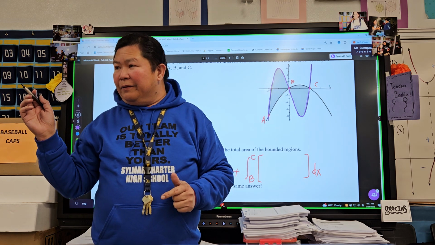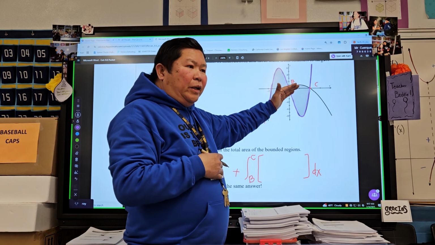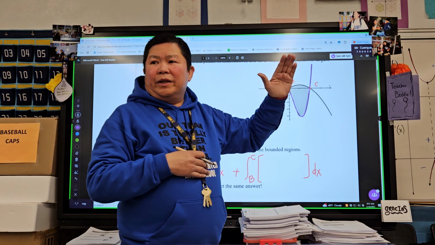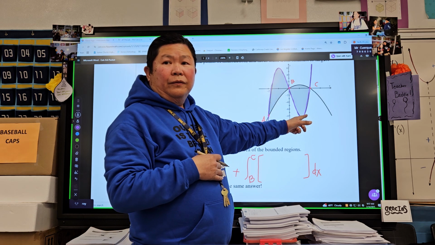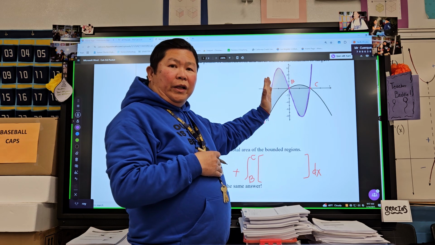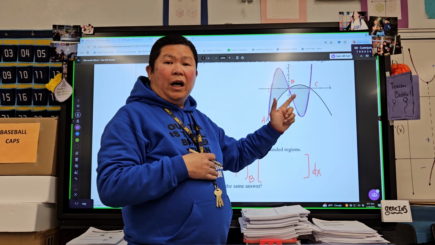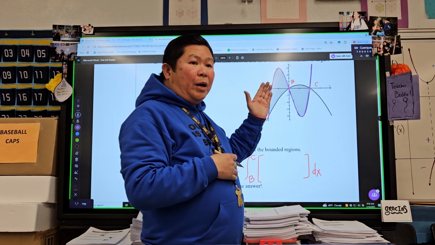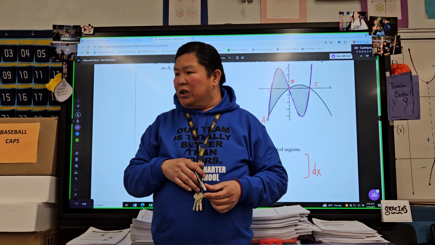Is that clear? And from interval B to C, the upper curve now is the parabola, right? Minus the lower curve right here. From the interval B to C is the purple. So you're gonna have the parabola minus the cubic function.